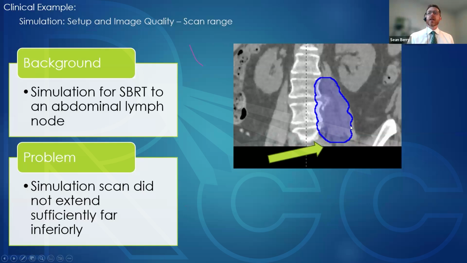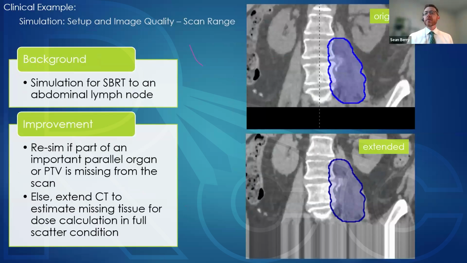So you're going to get an incorrect dose calculation. So there's a couple of things that you can do if this happens, which happens to us a number of times a year. The first is you have to check and make sure your whole target is scanned. So of course, if your target is actually cut off, you most likely have to resimulate the patient.